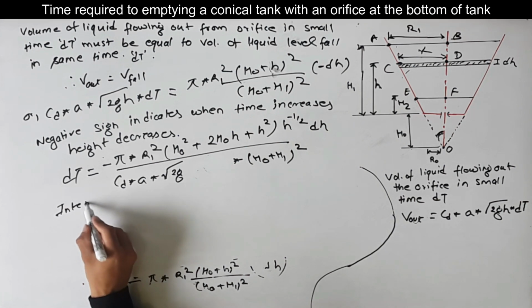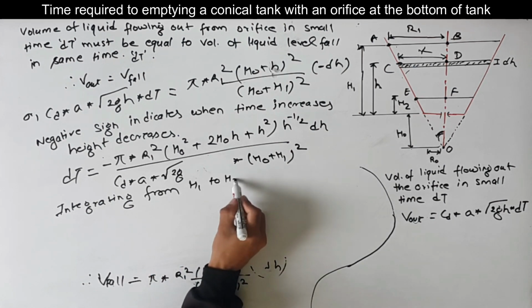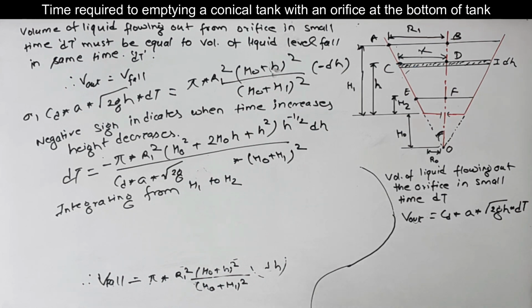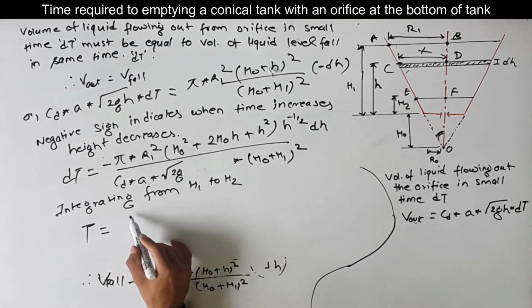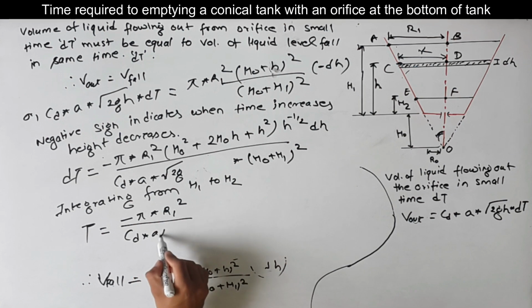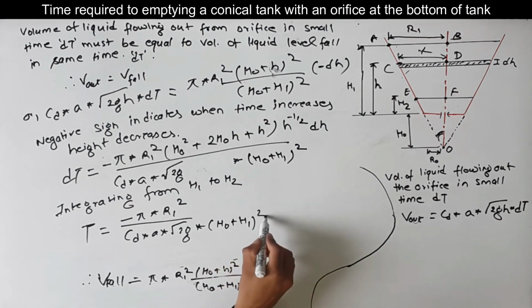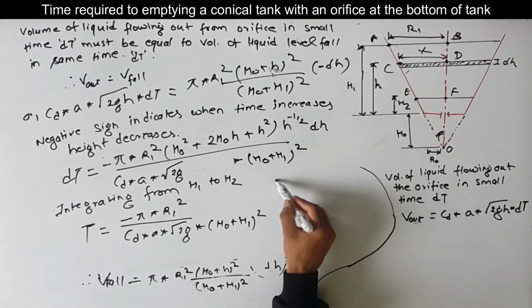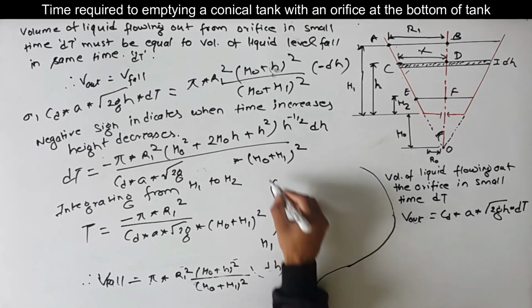Integrating, t is equal to, from h1 to h2, and we can take all the constants outside first: minus pi into r1 square upon CD into A into root under 2g into h0 plus h1 square, and we multiply here h to the power minus 1 by 2, with the limit from h1 to h2.